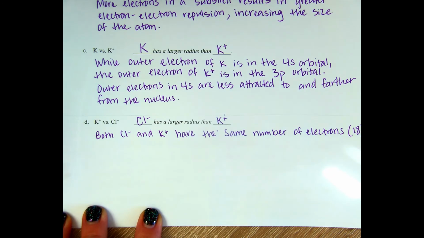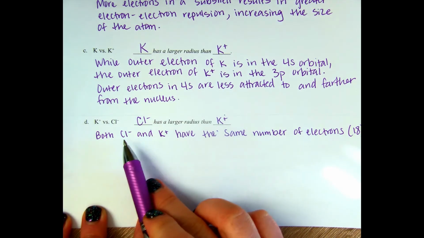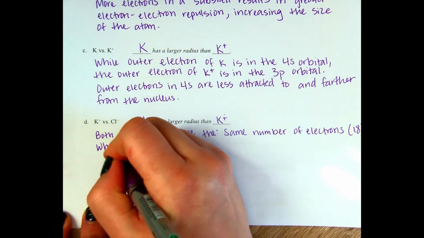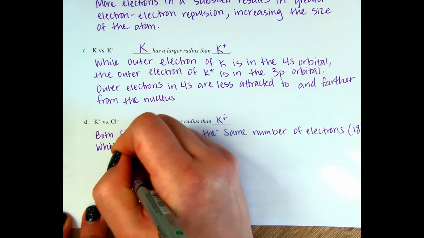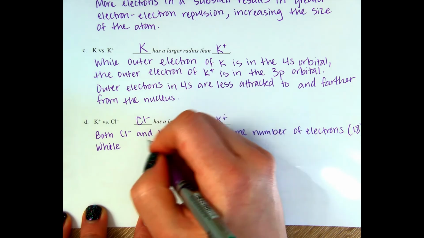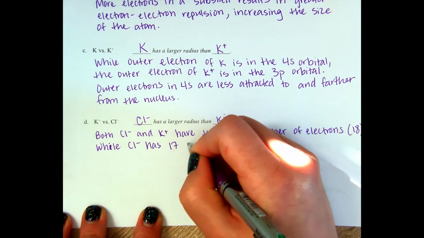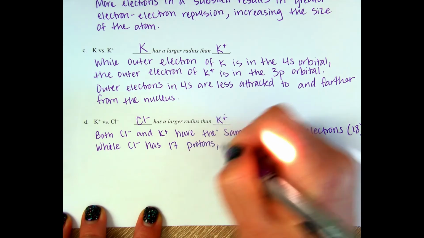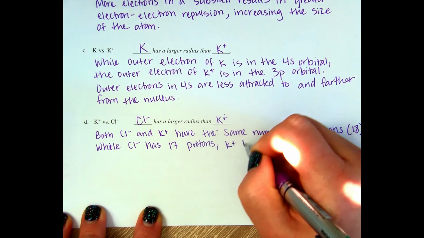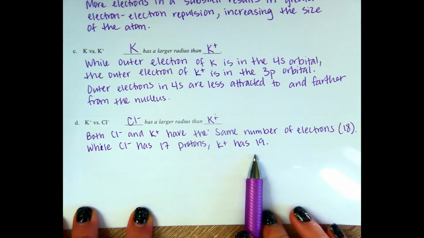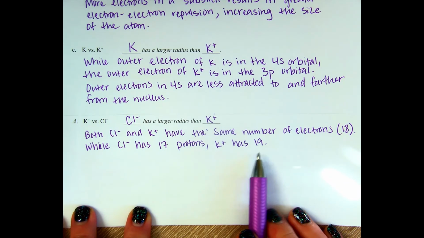Okay, but while chloride has 17 protons, K+ has 19 protons. So while chloride has 17 protons, potassium has 19. So that means we're going to have a more positive charge in the nucleus of potassium.